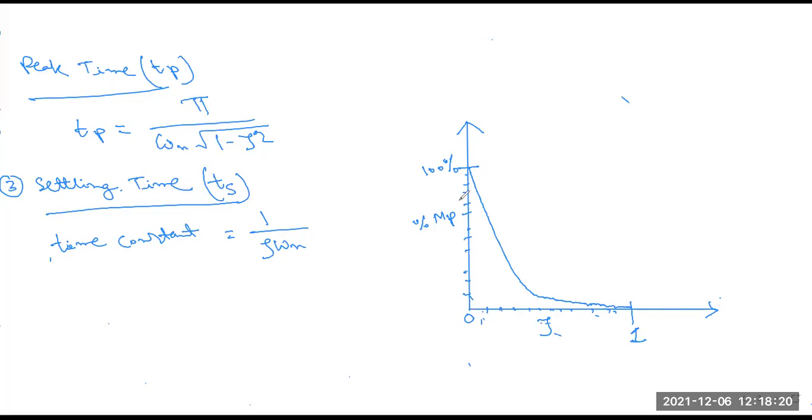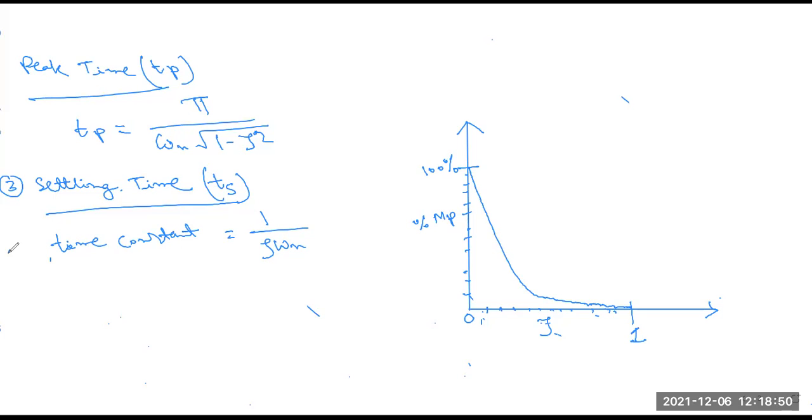Here you can see the starting point 0, and according to the percentage of overshoot we calculate from here and plot it graphically. These are the output waveforms for the settling time, for second order control systems.